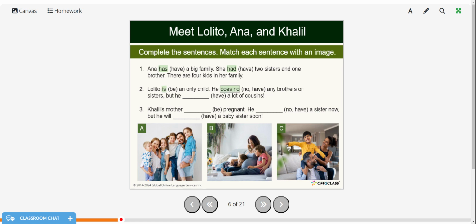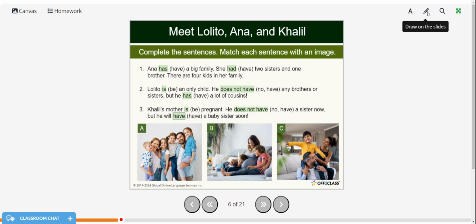He does not have any brothers or sisters, but he has a lot of cousins. And Khalil's mother is pregnant. He does not have a sister now, but he will have a baby sister soon.